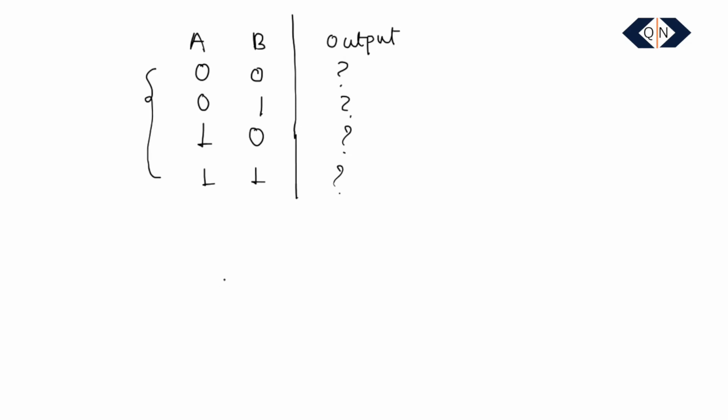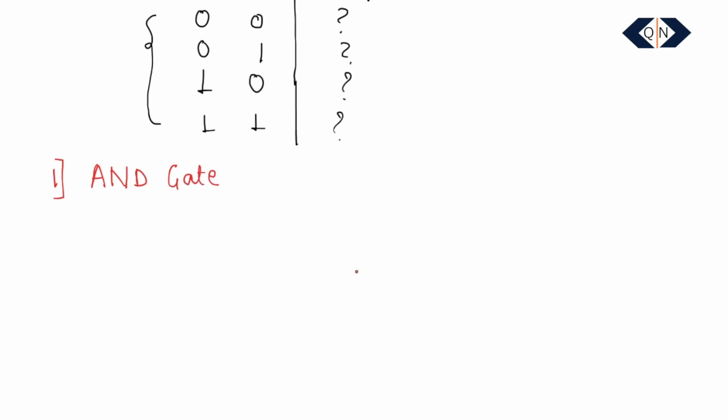So now let us look at the possible gates, meaning what are the 2-bit gates. The first gate which we are going to discuss is the AND gate. So how does it look?